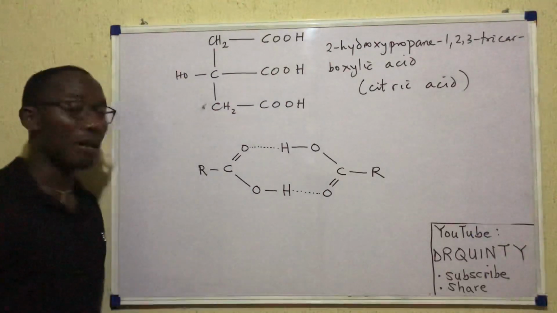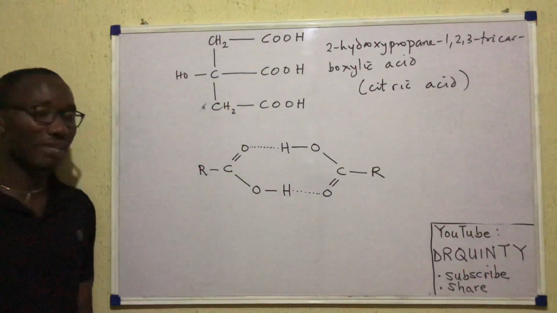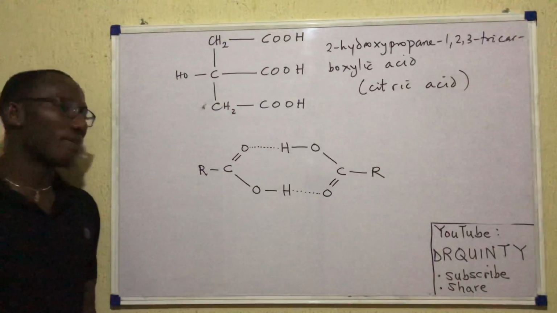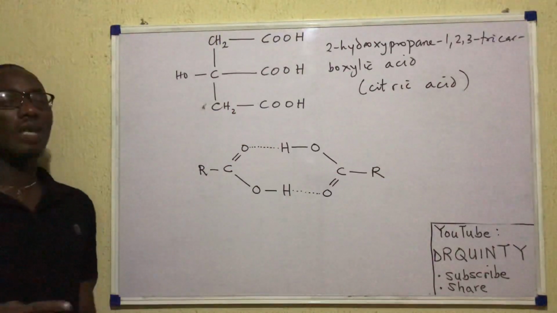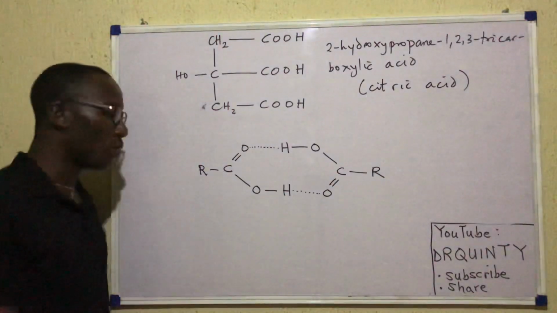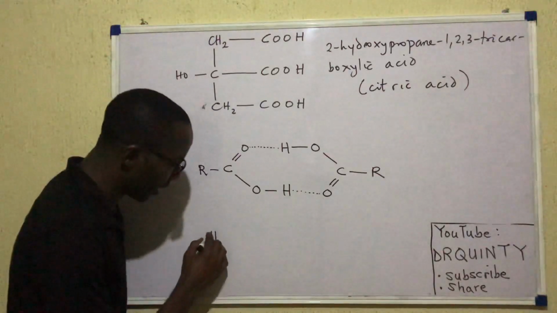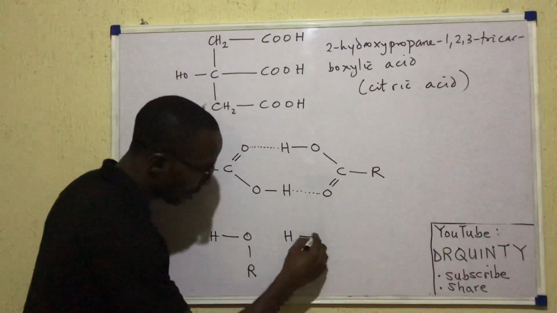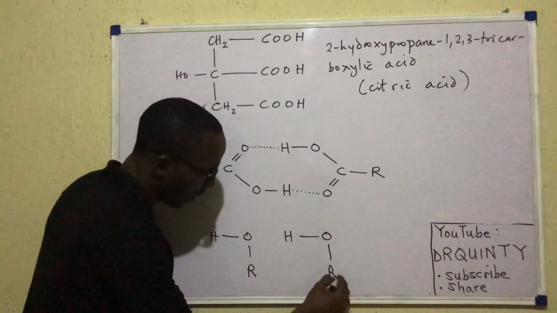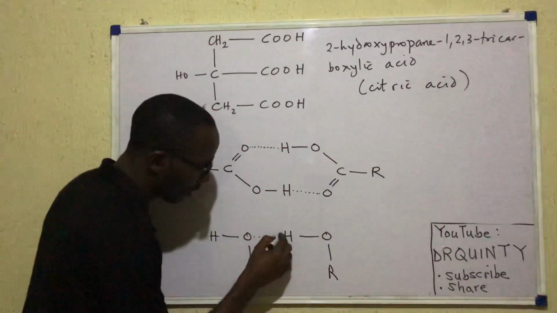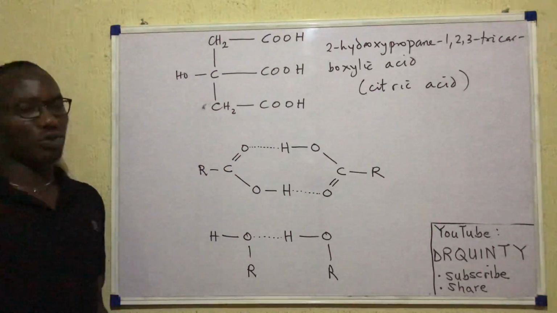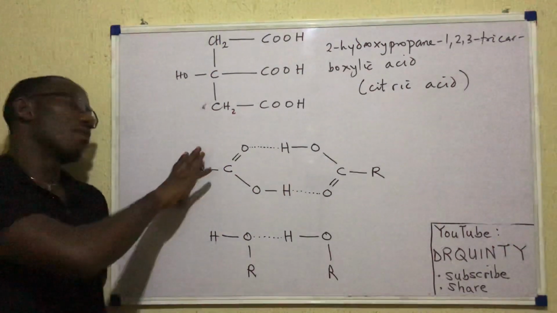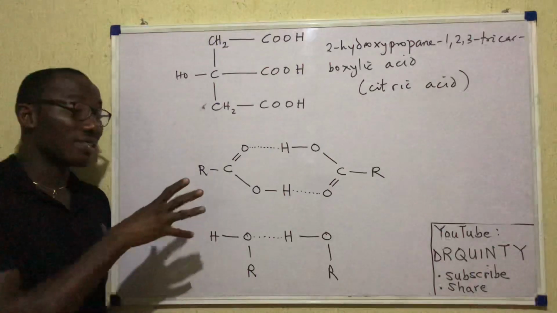So it is said that between two alkanoic acid molecules, there are two hydrogen bonds, unlike between two alcohol molecules, which we have as H, O, R, H, O, R. So between two alcohol molecules, we have just one hydrogen bond. So we say that alkanoic acids exist as dimers.